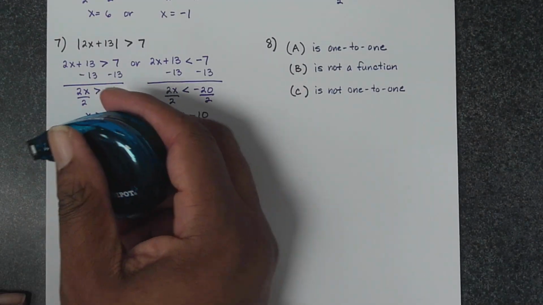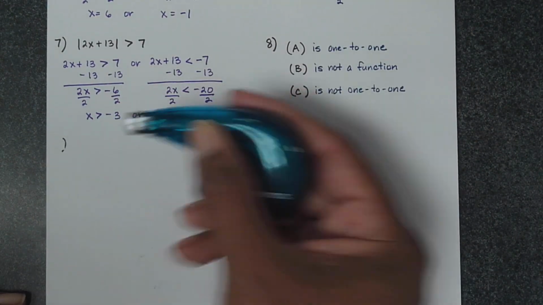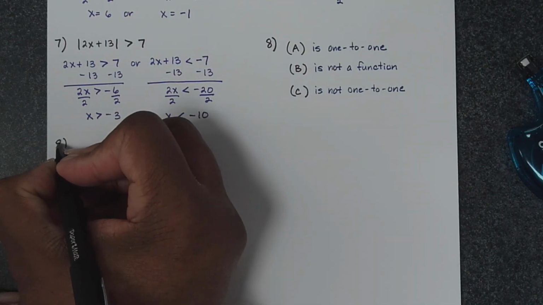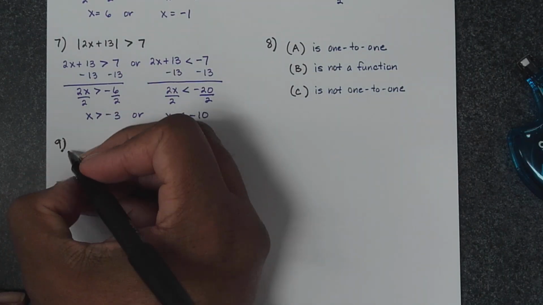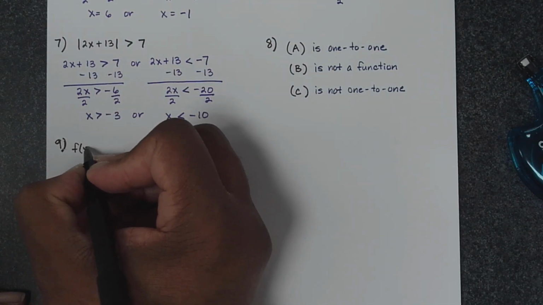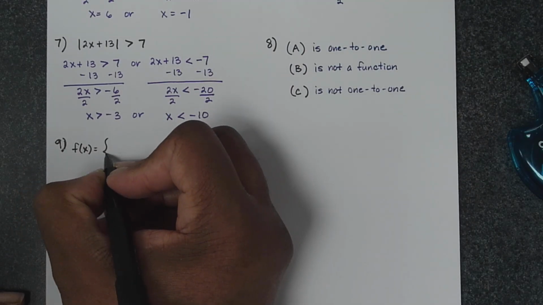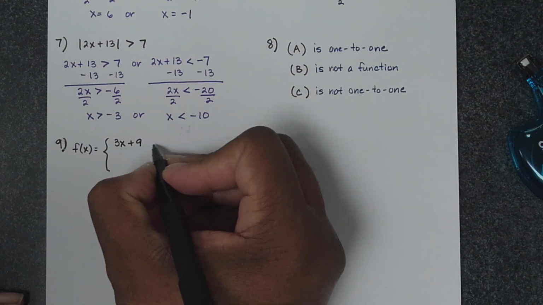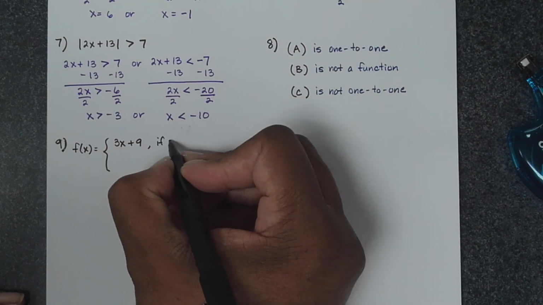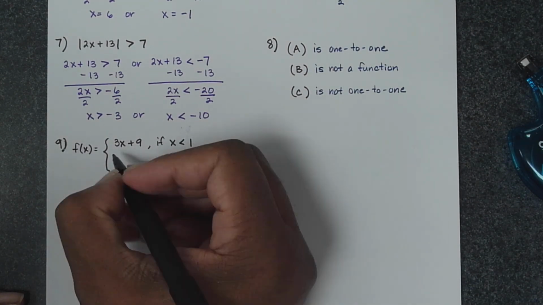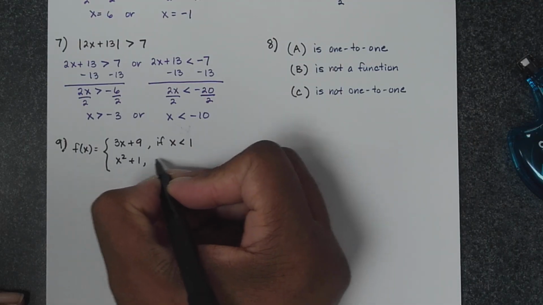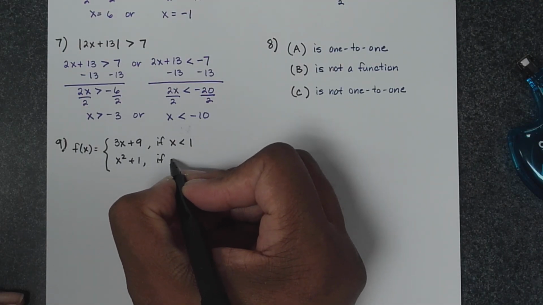That's problem number 9, not 8. So here we got the 3x plus 9, and we use that if x is less than 1, and the other one is the x squared plus 1 if x is greater than or equal to 1.